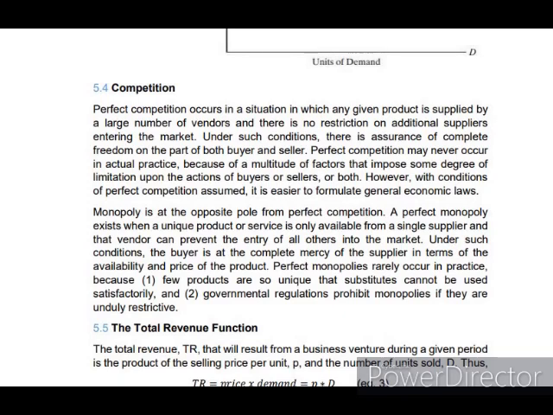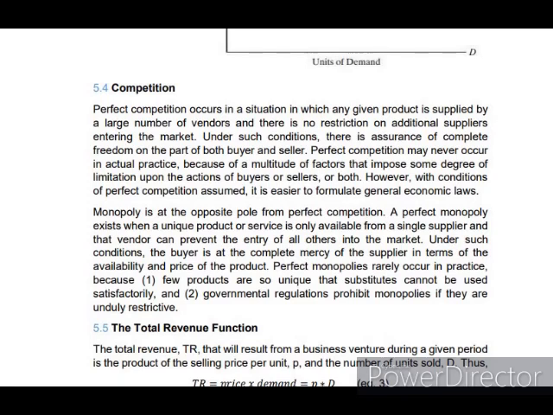So when you say monopoly, an individual or one vendor only holds or controls a unique product or service. Under such conditions, the buyer is at the complete mercy of the supplier in terms of the availability and price of the product because the buyer has no choice.